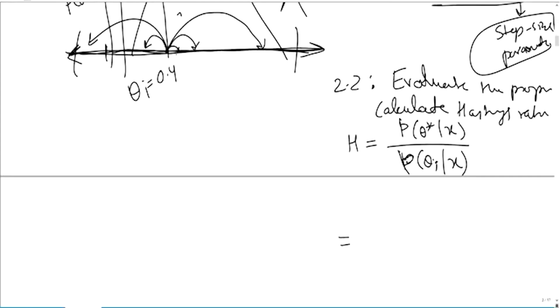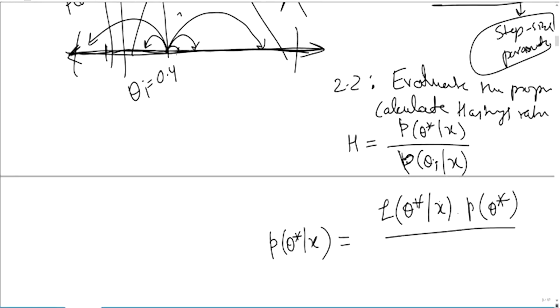What will be the posterior density of theta star? It would be the likelihood of theta star given the data times the prior density of theta star, divided by the marginal likelihood, which is basically the integral of likelihood times prior with respect to theta.